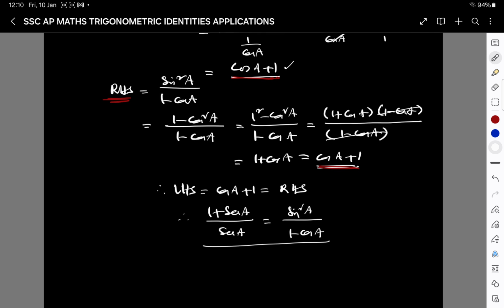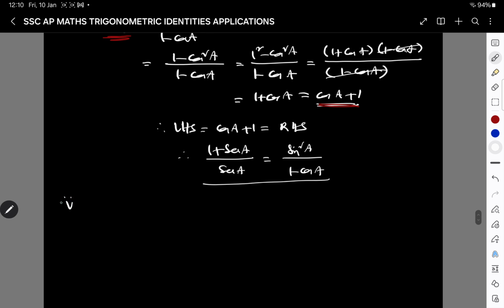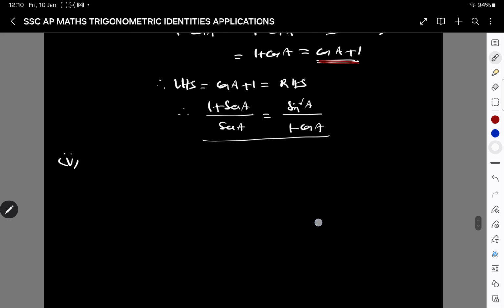And next sum is of course the fifth sum, which is also very important. Let us do this fifth sum.